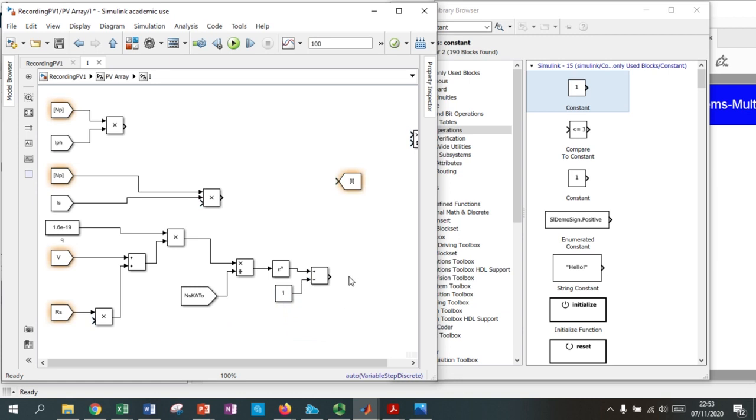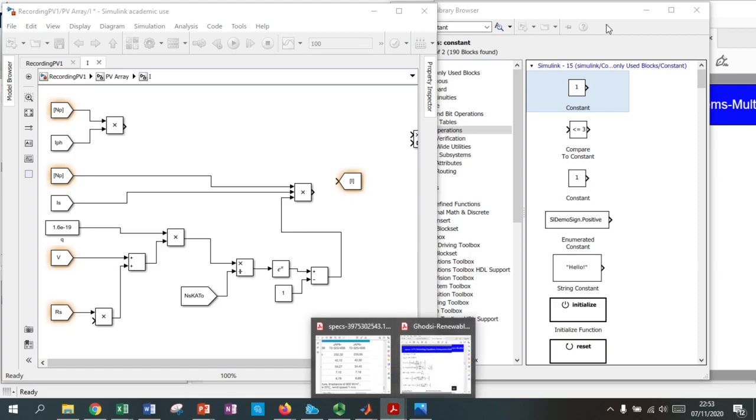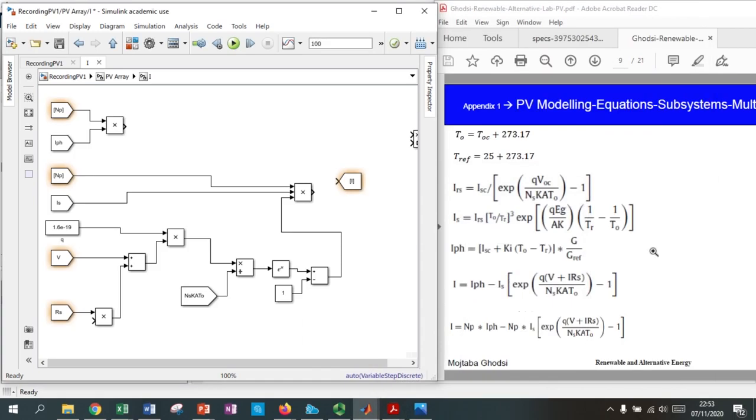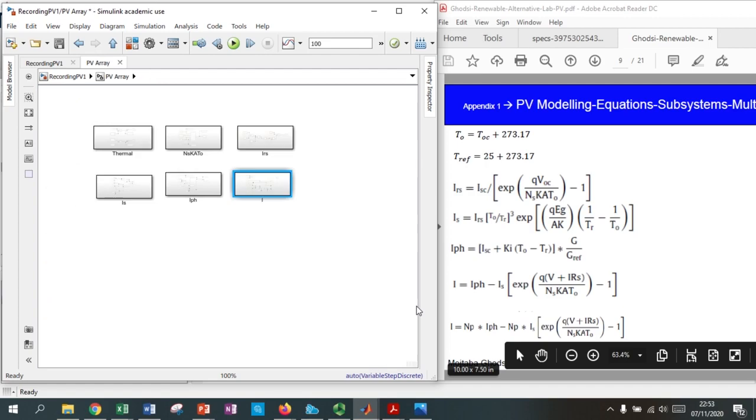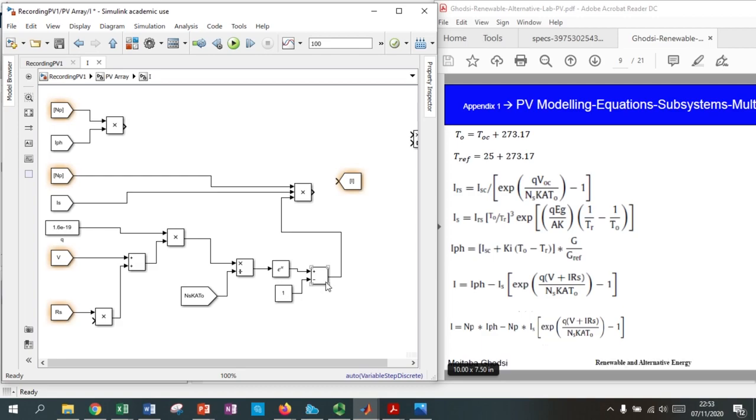Now the output of this one is based on this equation. This is the minus 1. It's going inside this exponential function minus 1, and then this is times IS times NP.